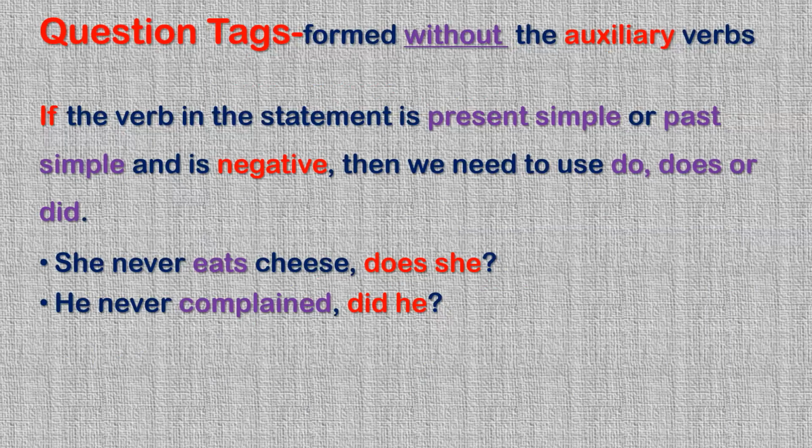So when we pay attention to the verb and the kind of statement, that is positive or negative, then we can make a question tag without the auxiliary verbs already present in the statement, but we have to use do, does, or did, or don't, doesn't, or didn't.